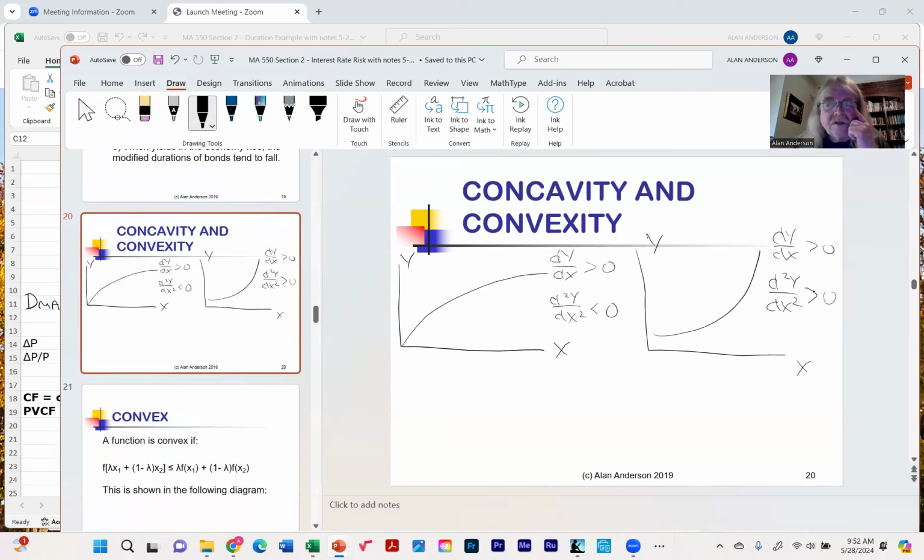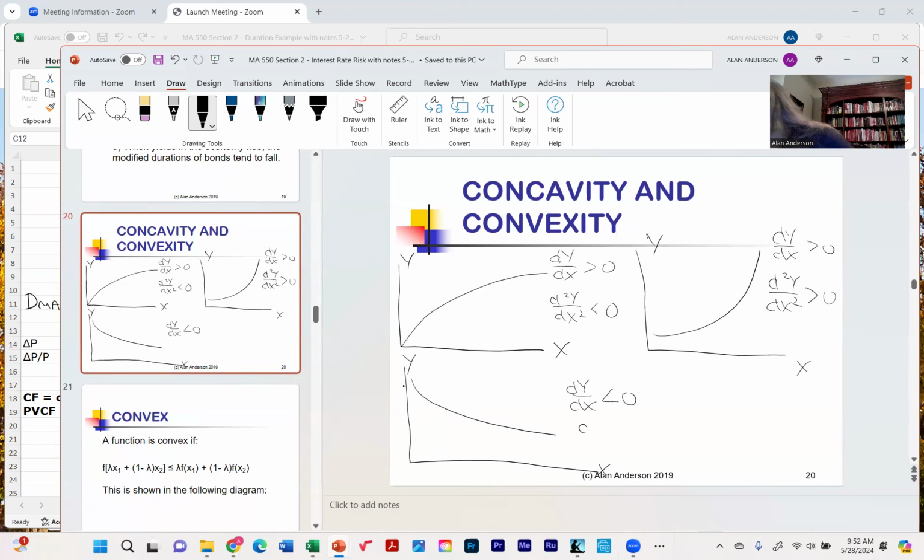So this time the slope is not only positive, but it's actually increasing in steepness as we move to the right. So the second derivative is positive. And then we have down here, the slope is negative, but it's getting less negative as X increases.